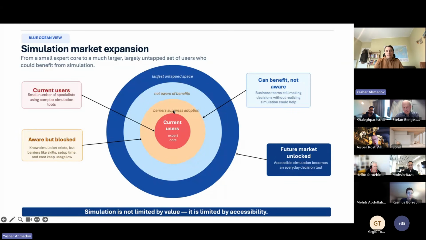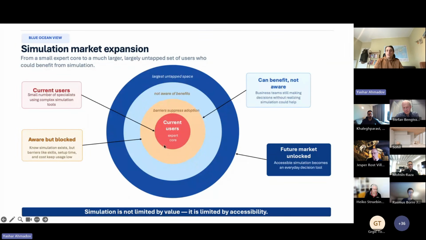If we take one step ahead, we have one more group here. There are folks who are aware of the simulation. They know that it exists. There is a fancy AnyLogic model or PlantSim or Siemens, whatever. They are aware, but they have a lack of skills, setup time, license fees, this and that. They say it's not worth it, right? For me, go there.